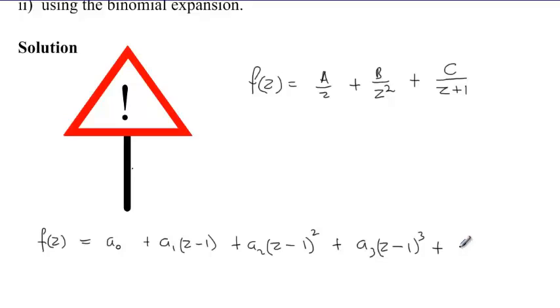So our fifth term will be a4 times z minus 1 to the power 4, and it continues to infinity.